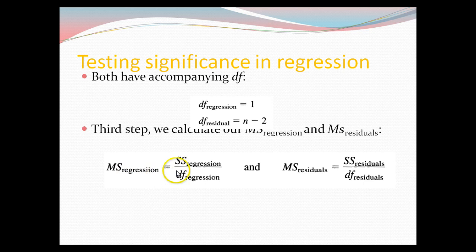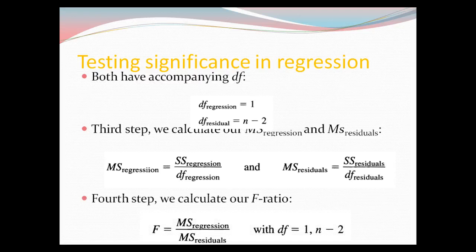The mean square regression is sums of square regression over degrees of freedom for the regression, and mean square residuals equals the sums of square for residuals over the degrees of freedom for residuals. Fourth step, we calculate our F ratio, which is the mean square regression over the mean square residuals. This is very similar to the ANOVA process, where degrees of freedom equals 1 and n minus 2.